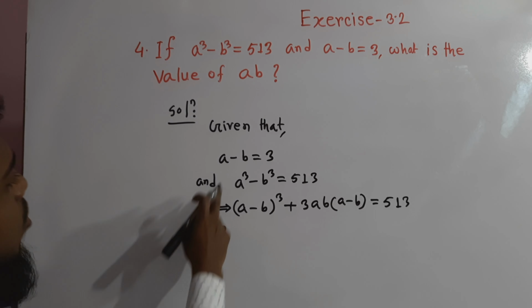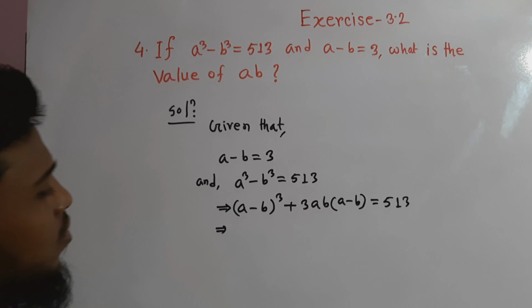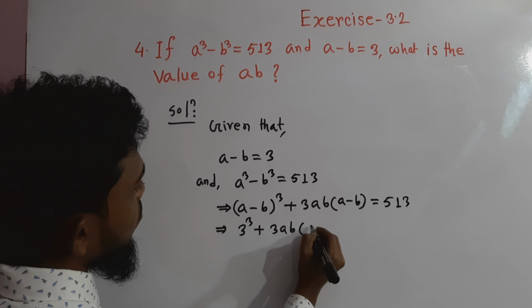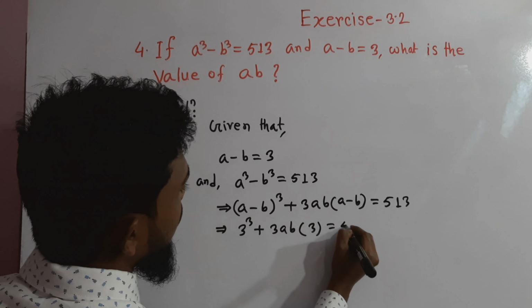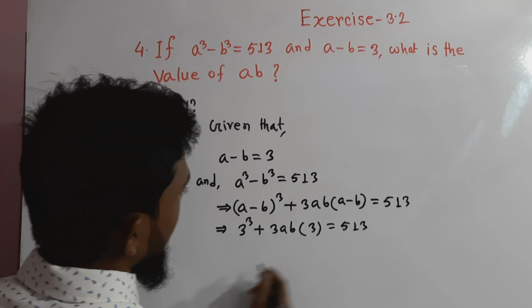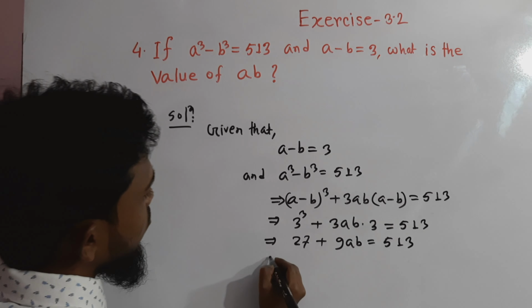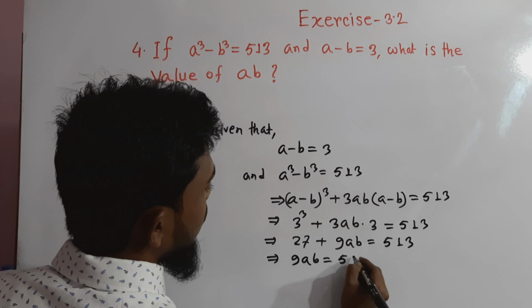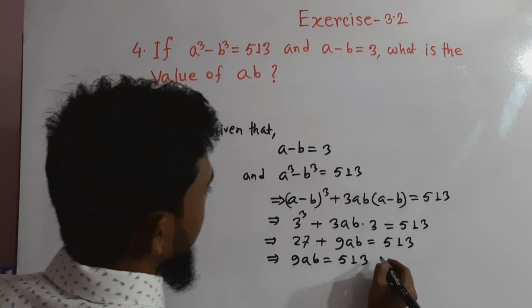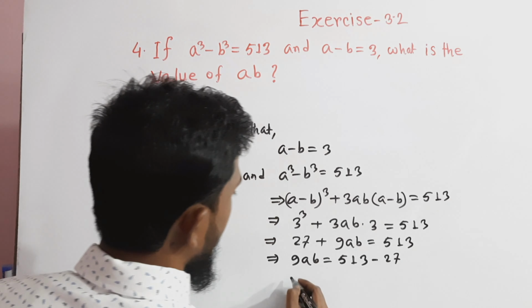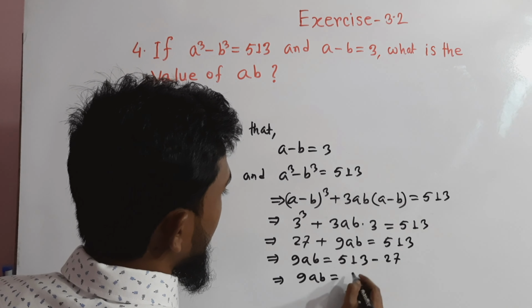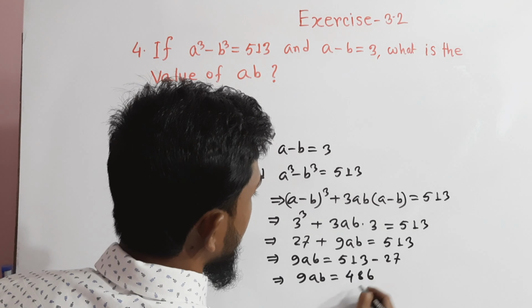Our given value: a minus b is equal to 3 plus 3ab into 3 equal to 513. Again we can write 9ab equals 513 minus 27. So we can write 9ab equal to 486.